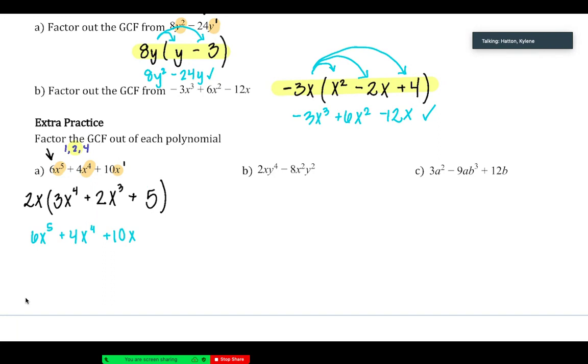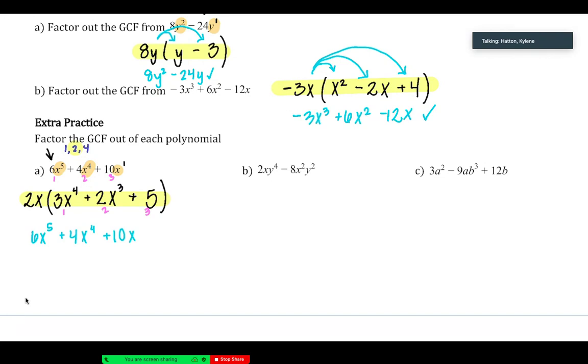One other thing I want to show you before we move on to B and C: whatever amount of terms you start with in your original problem, that's how many will still be in the parentheses in the end. So right here on A, I had 1, 2, 3 terms, and I had 1, 2, 3 terms in the parentheses.